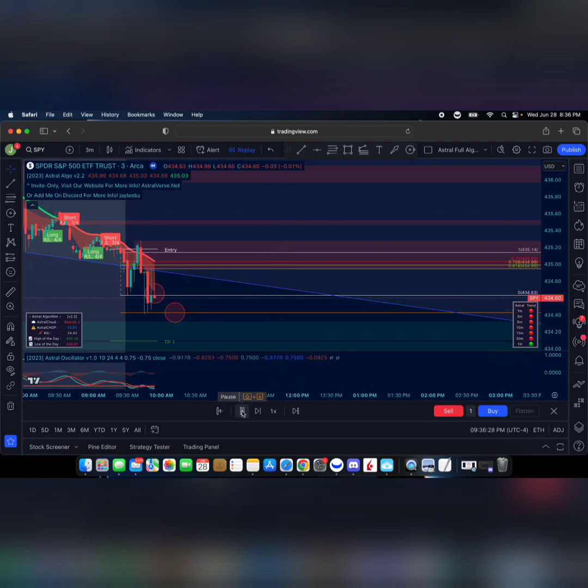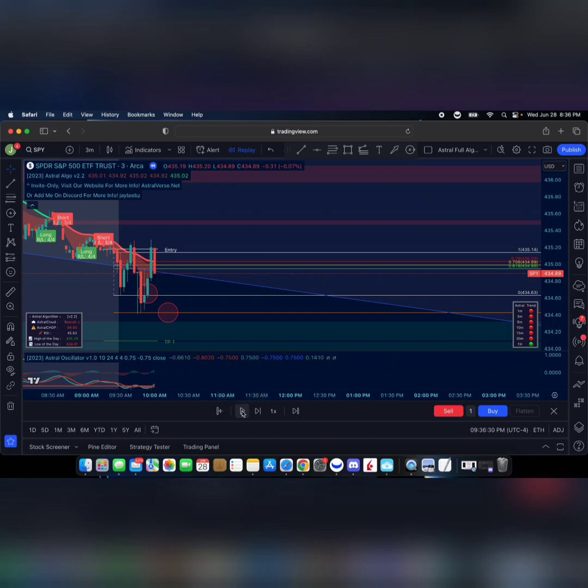Usually when it touches the orange line, I just let it reset, pretty much. See, it held over, went for the orange again, and you take profits. Once it holds over the white line, that means it's heading for the orange all the time. Every time. So I delete this.